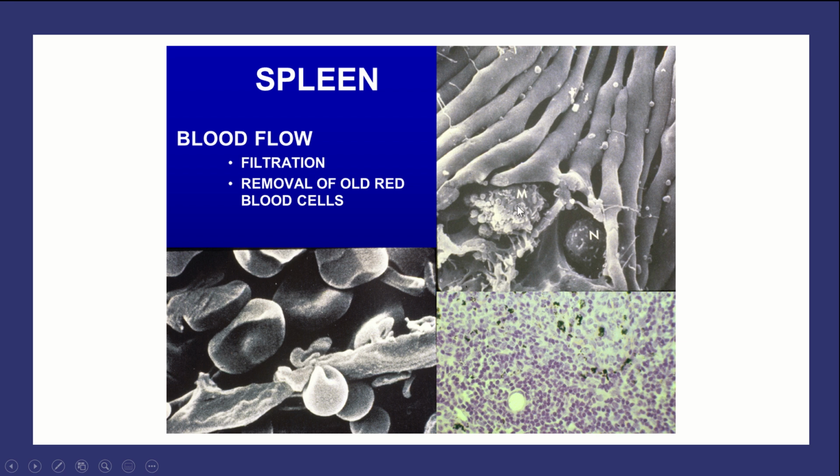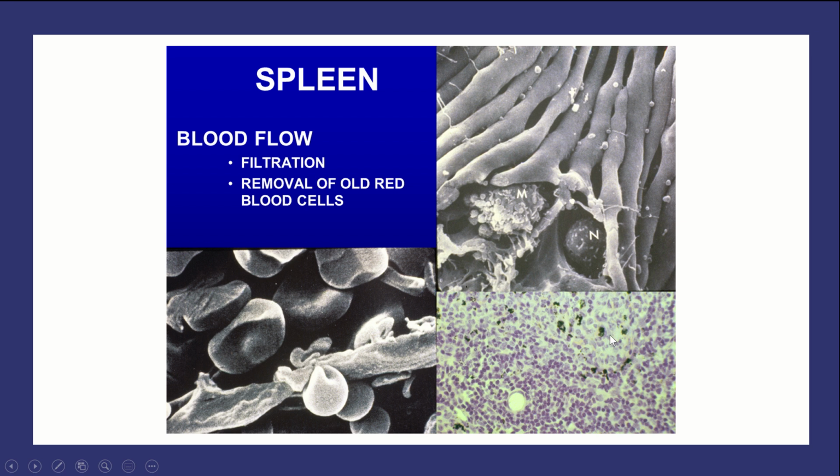And it's going to recycle its parts so we can make new red blood cells. So that's another function of the spleen, filtering of blood. We've got to get rid of the old red blood cells so we can make more new red blood cells. And this is just a cross section of the spleen, and it's got that stain for macrophages.